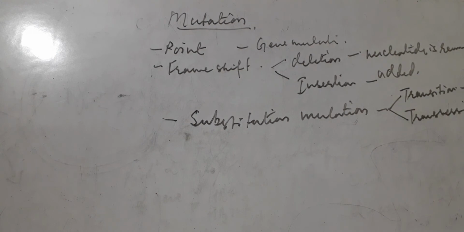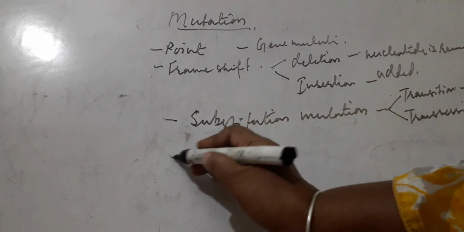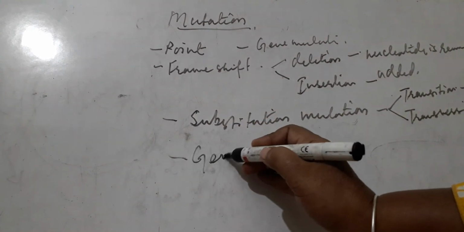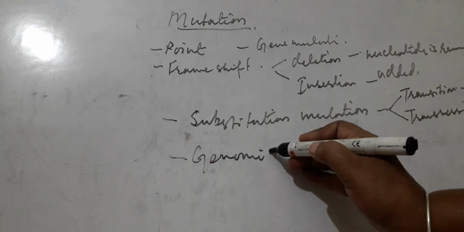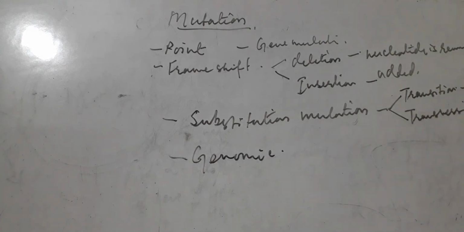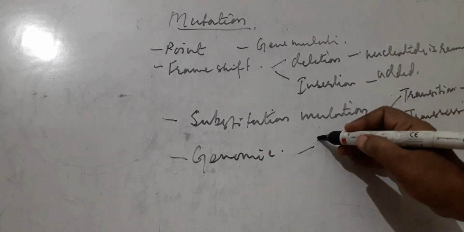Now genomic mutation. Genomic mutation means the whole genome is changed, meaning the whole set of chromosomes has been changed. Change in chromosomal numbers, the whole set. So there are two types, aneuploidy and euploidy.